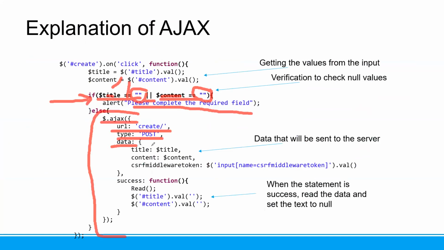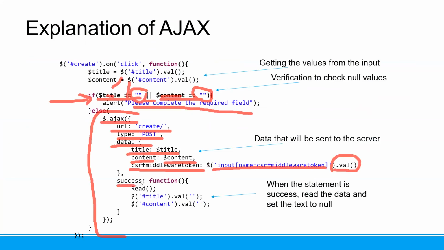What I'm going to put into the server is the title into the key title, and the contents into the key content, and then I'm going to use this token. This token has been declared in Django. This is the way to communicate from the Ajax to the server. And then I want to put the value into the server.